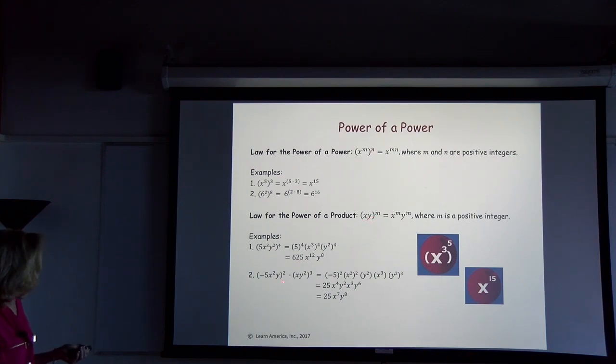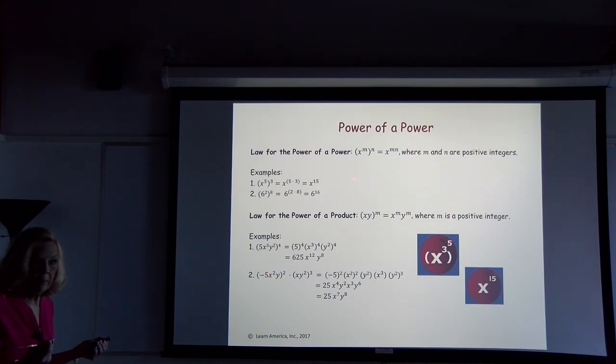So let's take an example. Here I have -5 x squared y to the 2nd times xy squared to the 3rd. Now, as I said before, you have -5, but you're squaring it, so what will the sign automatically become? Positive. So it's positive. I have x squared to the 2nd, this becomes x to the 4th. You're multiplying y to the 1st, so 1 times 2 gives me y squared.